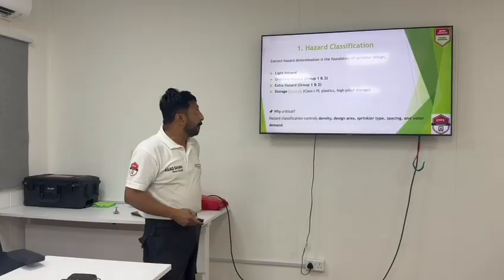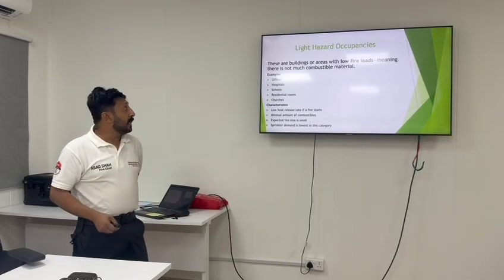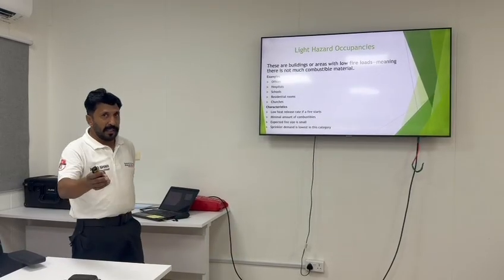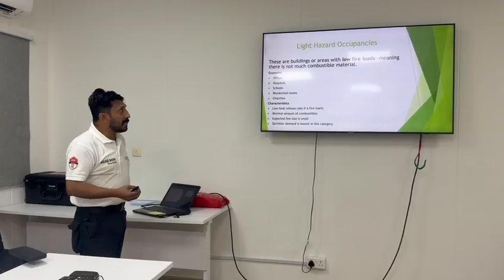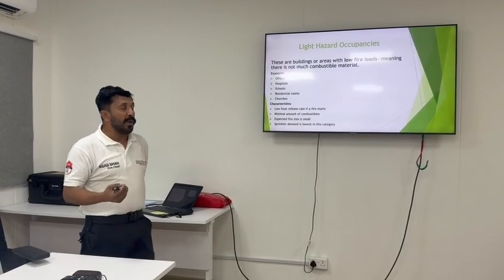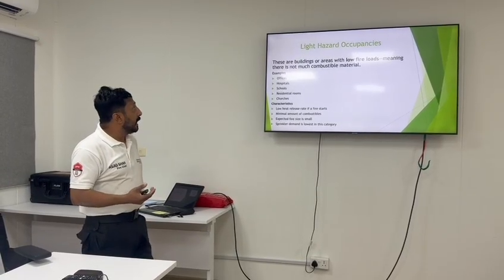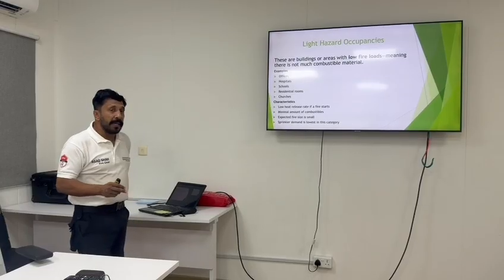The first one is light hazard occupancies. What are light occupancies? These are buildings or areas with low fire loads, meaning there are not many combustible materials.